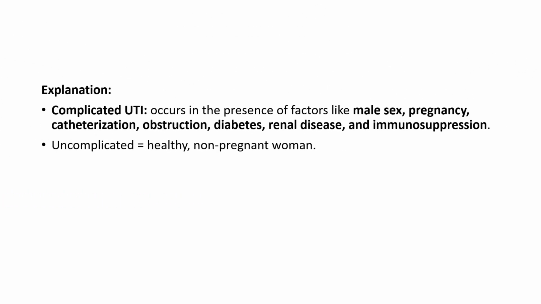Complicated UTIs occur in the presence of risk factors such as male sex, pregnancy, catheters, urinary obstruction, diabetes mellitus, immunosuppression. Uncomplicated UTI occurs in otherwise healthy non-pregnant women with no risk factors.